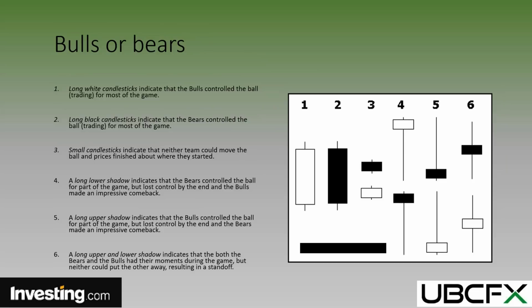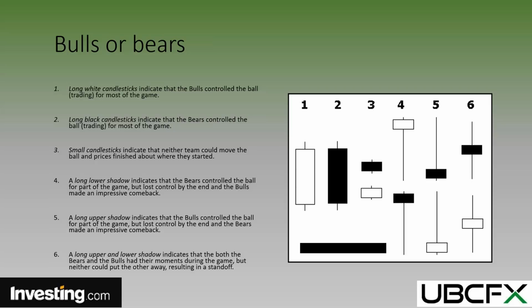In variation 1, you have an average size candle or a larger candle and small wicks on either side, and it closed higher than it opened. That tells you that the bulls were basically in control for most of that trading session. You have the opposite where it trades in a bearish session, and that tells you the bears were in control.